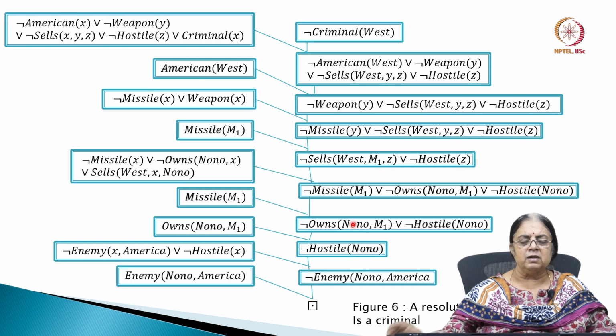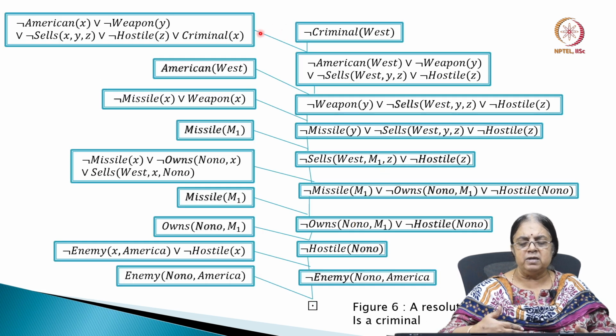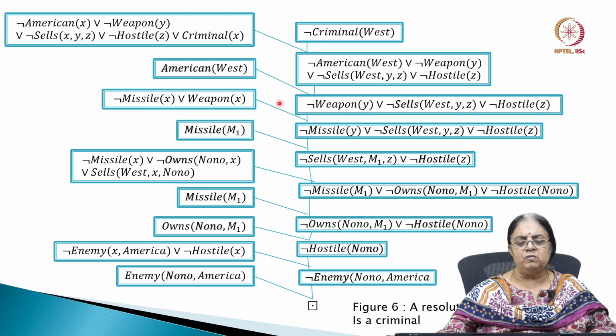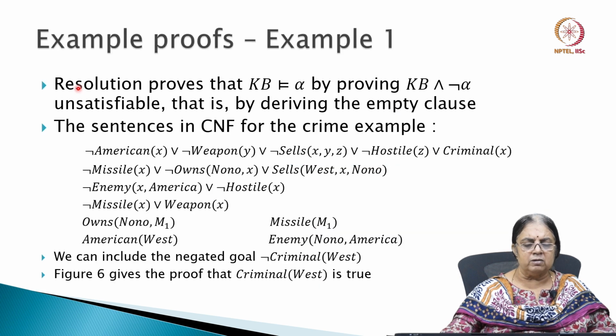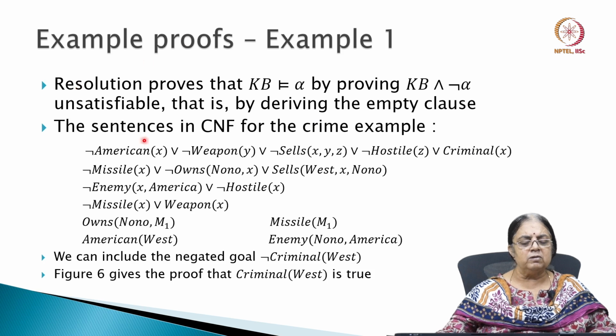So how is this done? So we can see you can combine, okay, different. So this is a little more complicated than the previous example that we saw. So here we have, if we take the first one, okay, not American X or not weapon Y or not sells X Y Z, etc.